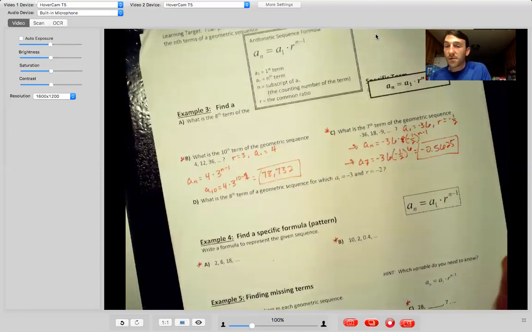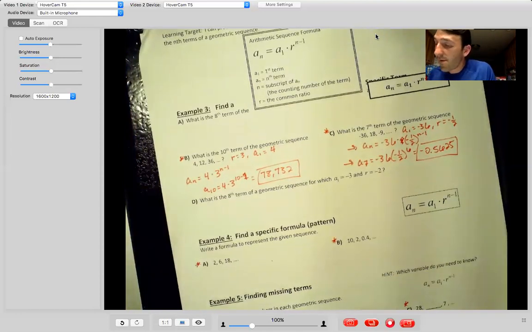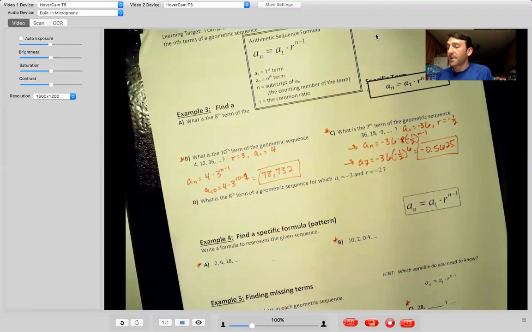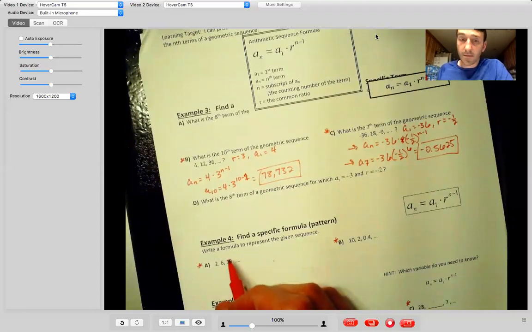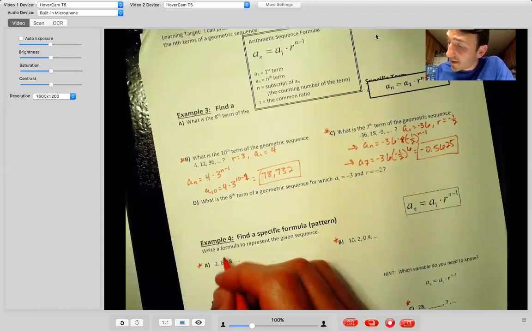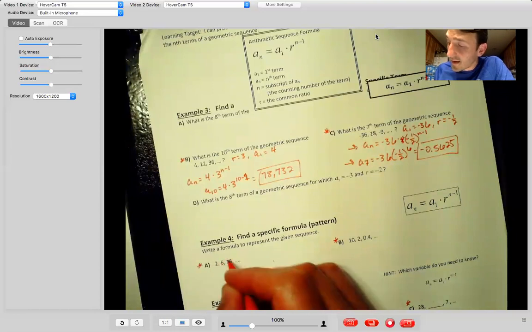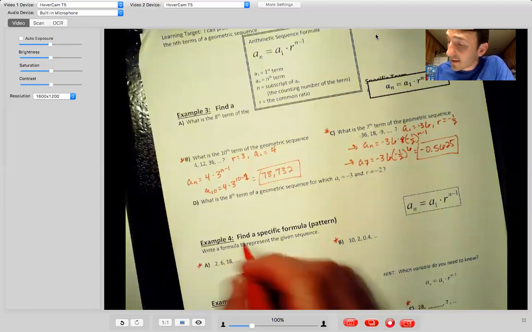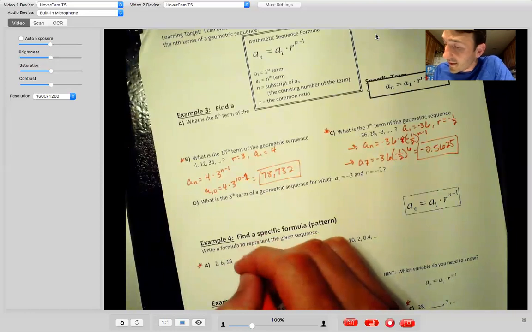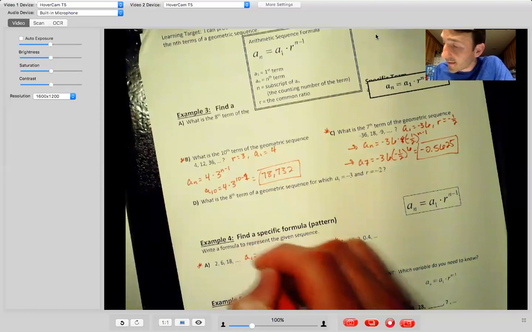All right, so moving on, example 4. All we're doing is writing the formula here, which is nothing really different than what we've been doing up there. So just practice on that a little bit more. So here, 6 over 2 is 3, 18 over 6 is 3. So r is 3, a sub 1 is 2.